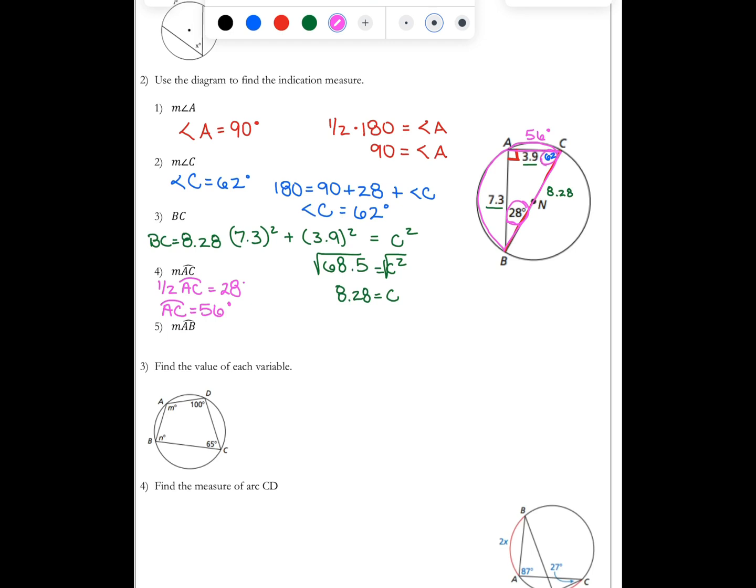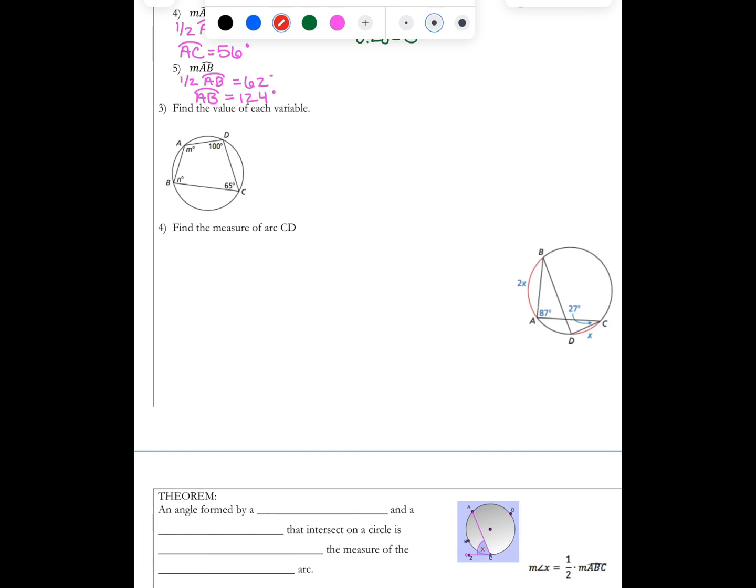So again, we're going to set up this little equation as 1/2 of the arc AB is equal to 62 degrees. To find AB, we need to multiply 62 by 2, which gives us arc AB is equal to 124 degrees.